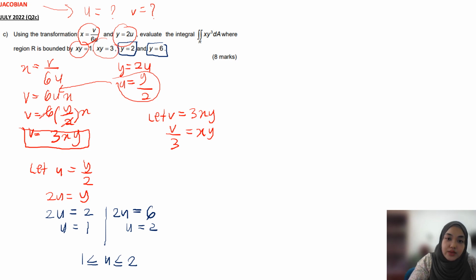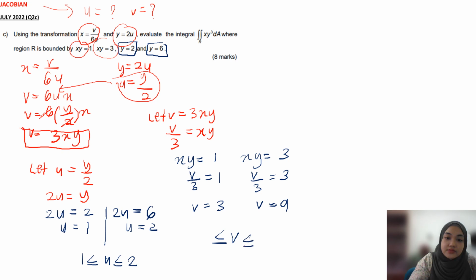We match this with xy equals 1 and xy equals 3, so you have to substitute. Since xy equals 1, v over 3 equals 1, and v over 3 equals 3. So v equals 3, v equals 9. So our interval for v is between 3 until 9.